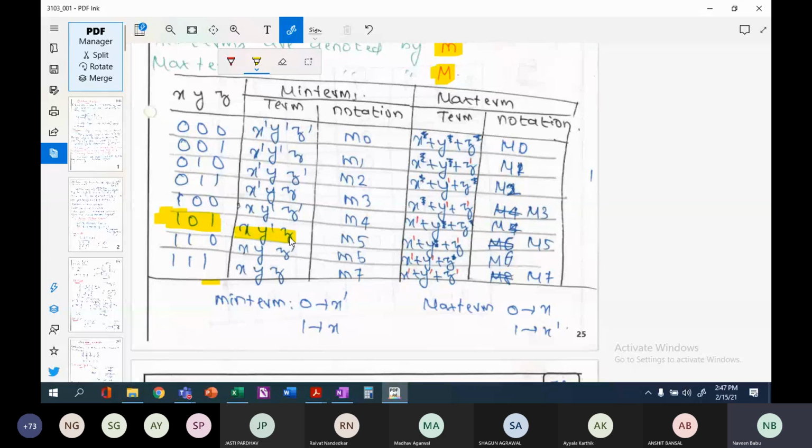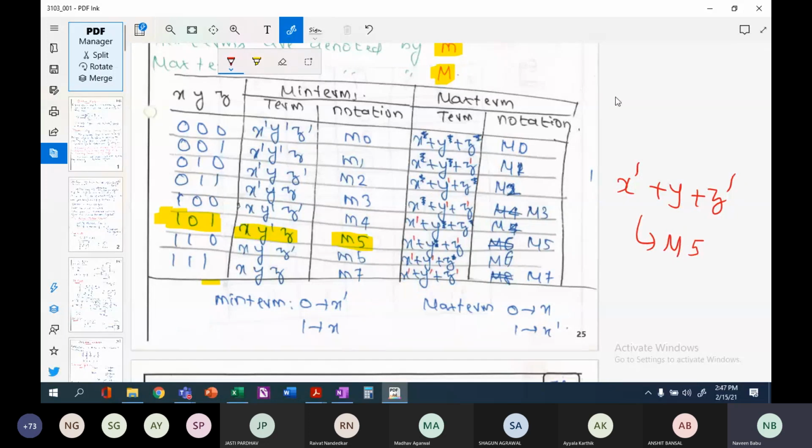X y bar z is the minterm. Small m5 is how we represent it in terms of minterm. And don't look at this side. So what will be the max term? The max term will be, 1 is represented as x bar, plus 0 is represented as y, and z bar. So this is the max term. And how do we represent the max term? It is M5.